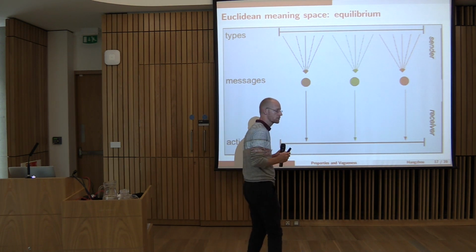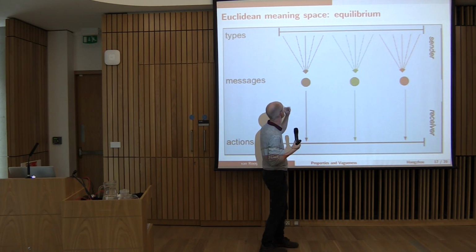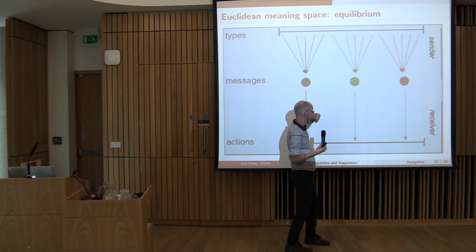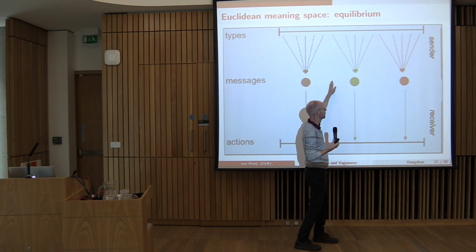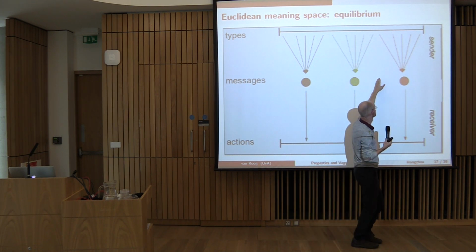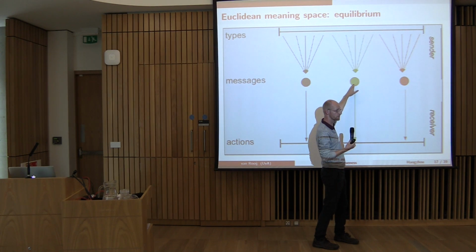The equilibria will all be of the following form. If the probabilities of the type of situation are equal, then for the first third of the situations, you always send one message. The last third send another message, and the middle ones send yet the third message.